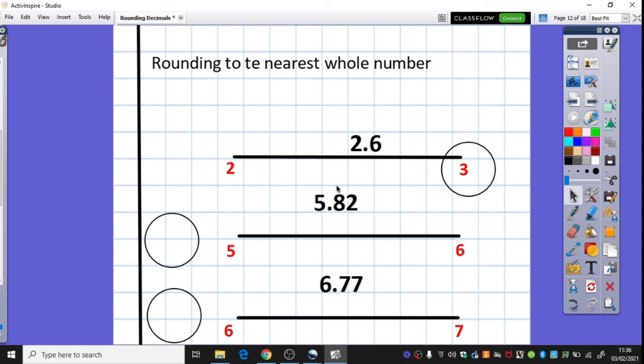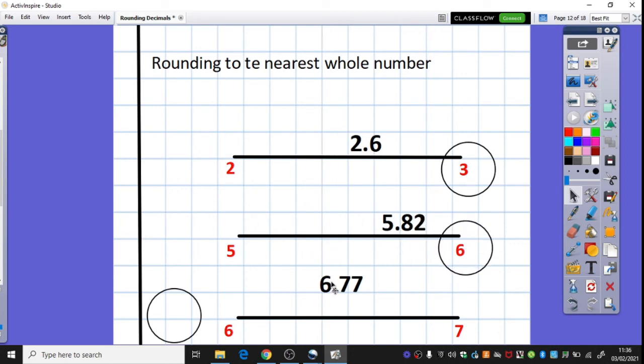We still only look to the column to our right and we can see that that's 8 tenths. So if 5.5, 5 tenths would be halfway, where we've got 8 tenths, we're probably looking at the number being up here. Hence why then, we're going to round up high again.